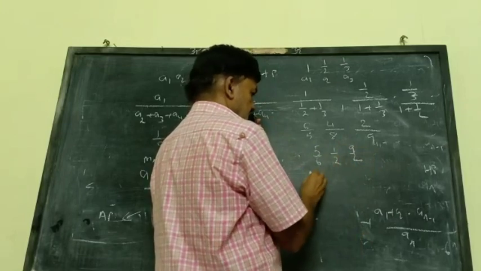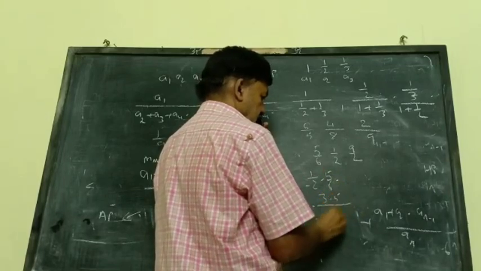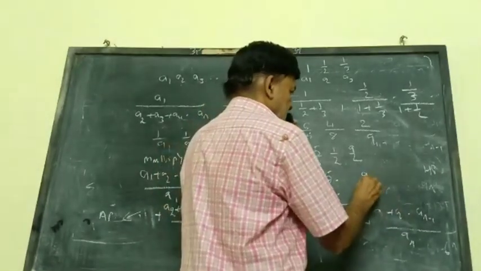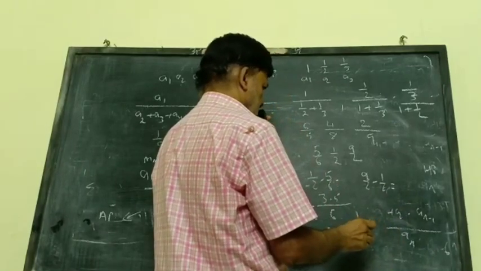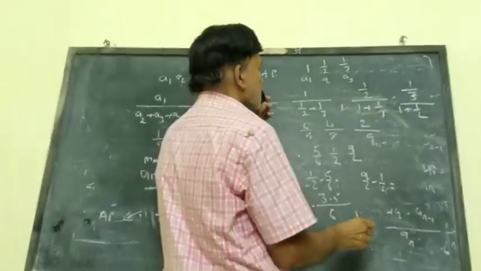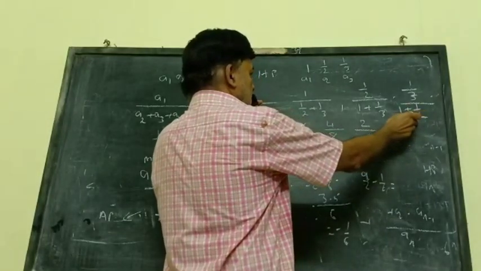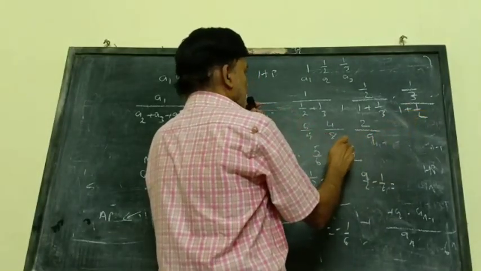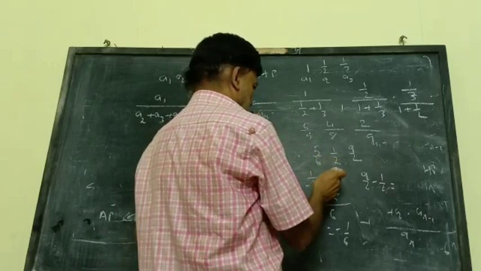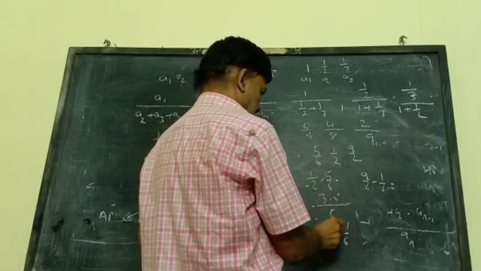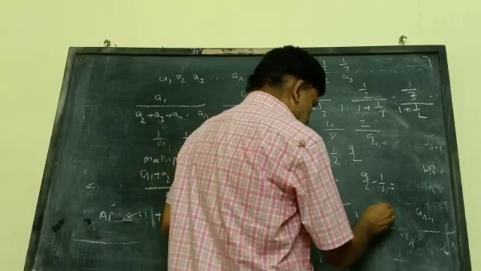So now this minus this. 1 by 2 minus 5 by 6, LCM is 6, 3 minus 5, minus 1 by 6. 9 by 2 minus 1 by 2 and so on, this is also the same thing.